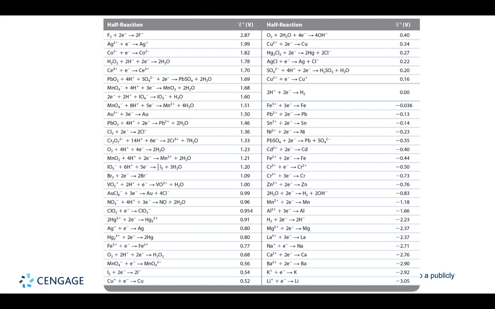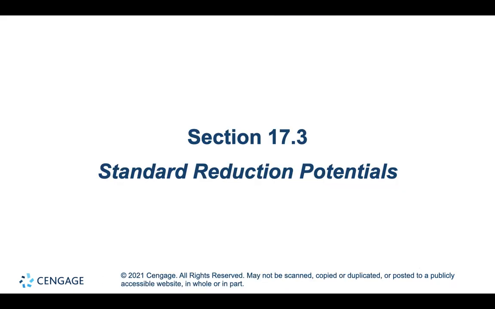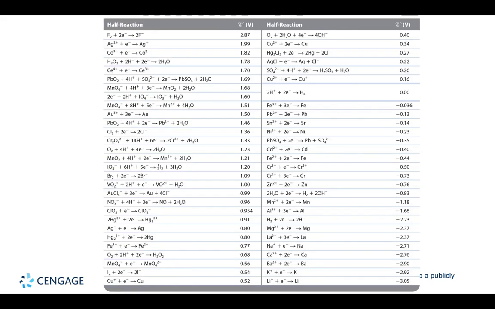So to get the voltage of a particular battery, we need the standard reduction potential measured in volts for each side of the battery, so we know how far we're dropping downhill when we move electrons from one side to the other.